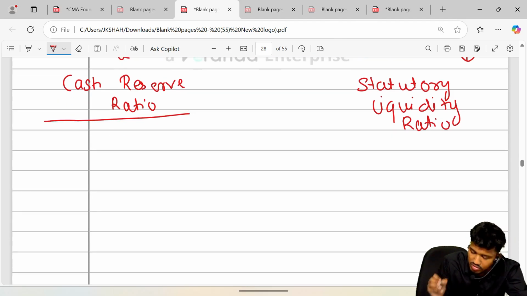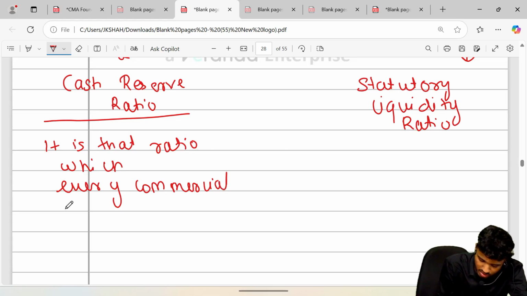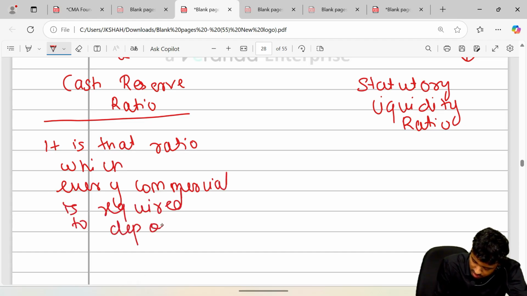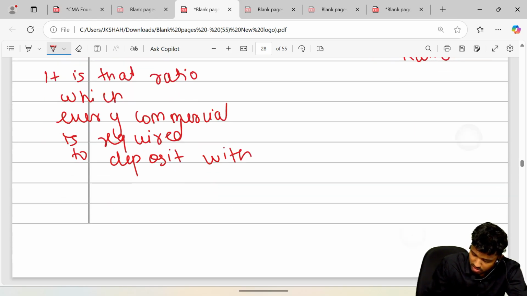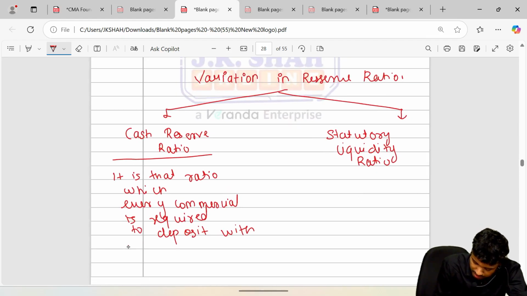See, cash reserve ratio is that ratio which every commercial bank is required to deposit with RBI, of total deposits.